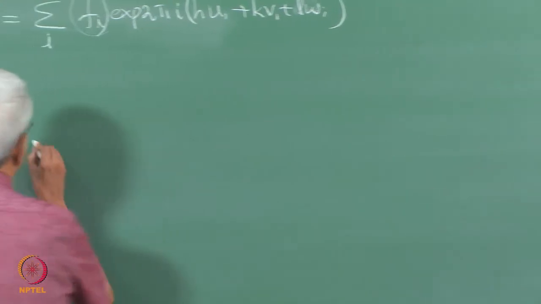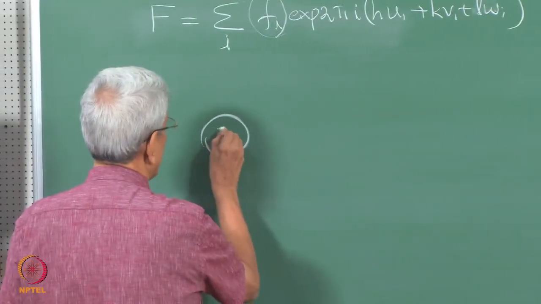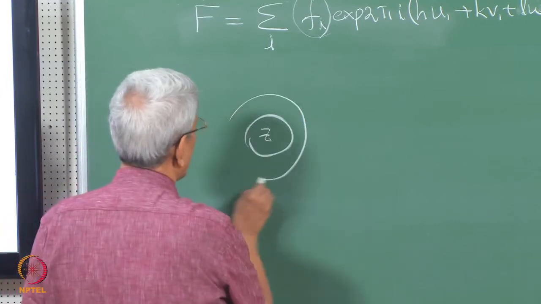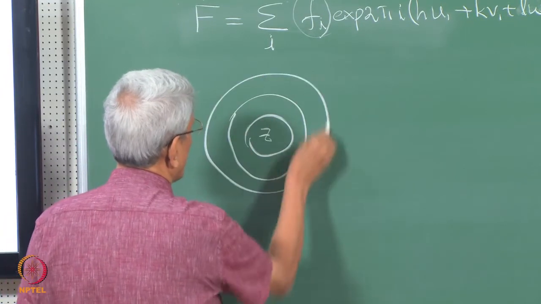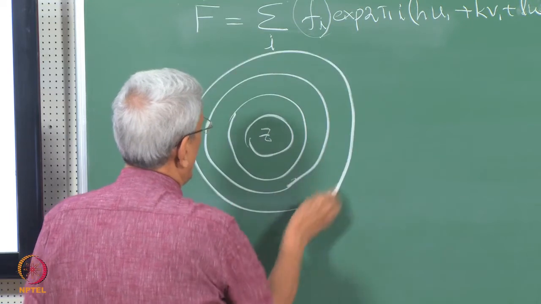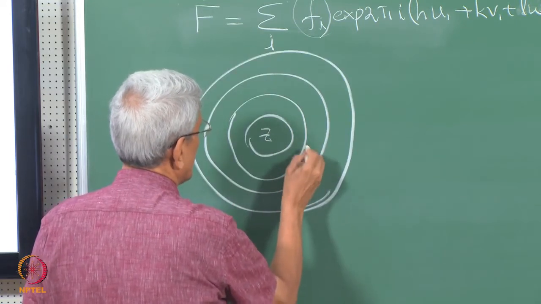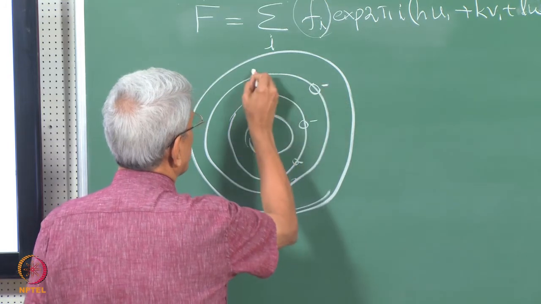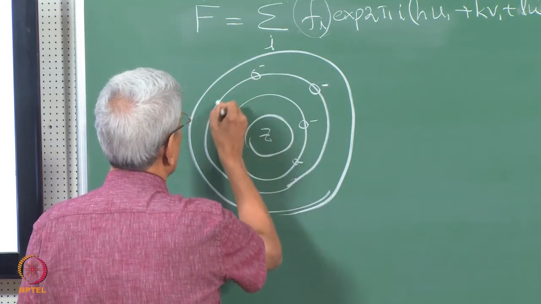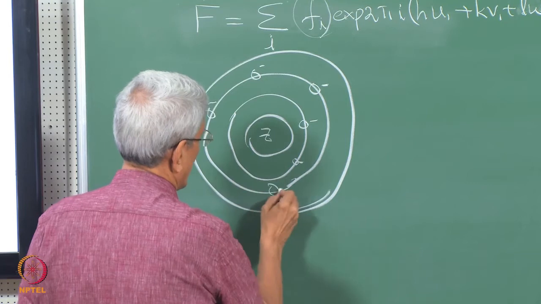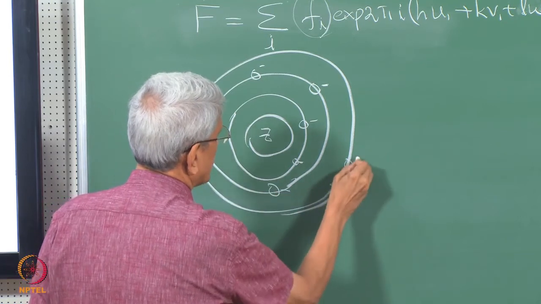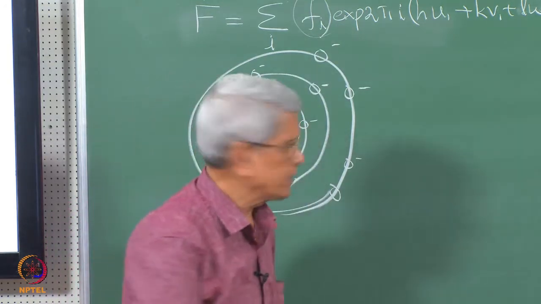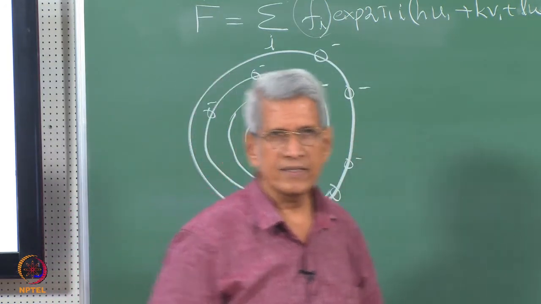It is essentially a nuclear charge, and there are many levels at which electrons, which I am marking as negative, are revolving around the nucleus. So, this has some finite size.